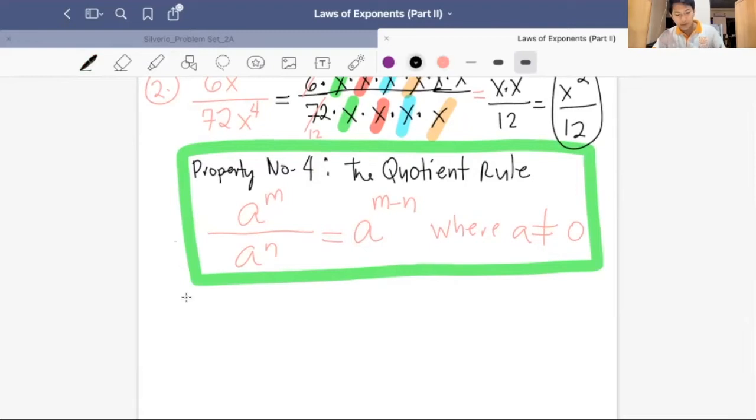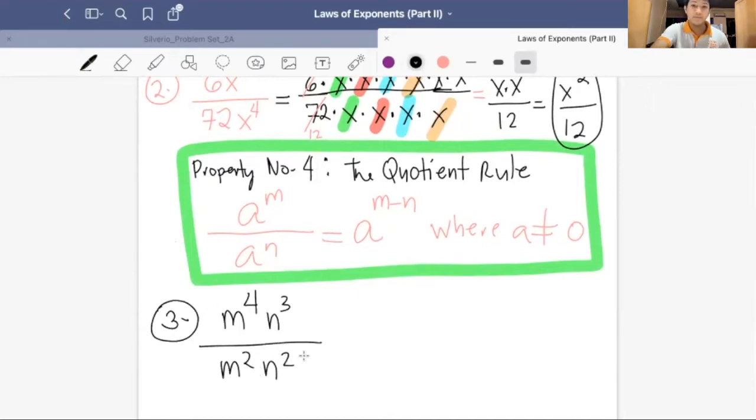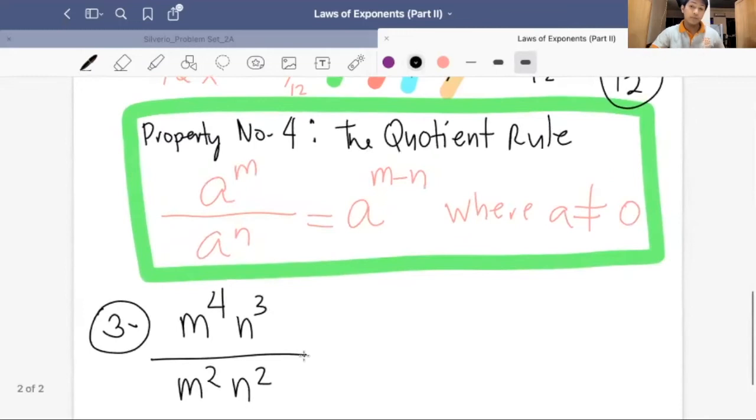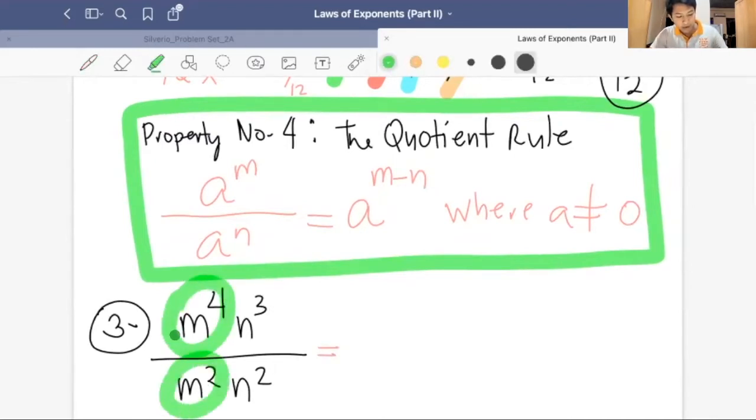For example number 3, we have m to the fourth times n cubed over m squared times n squared. Okay, that's the given. So this is equal to, we have here m to the fourth and m squared.